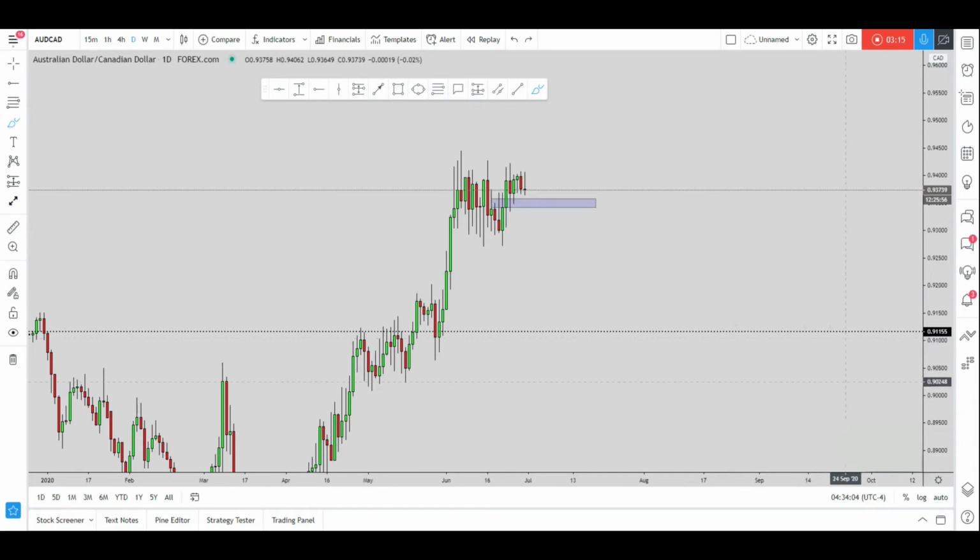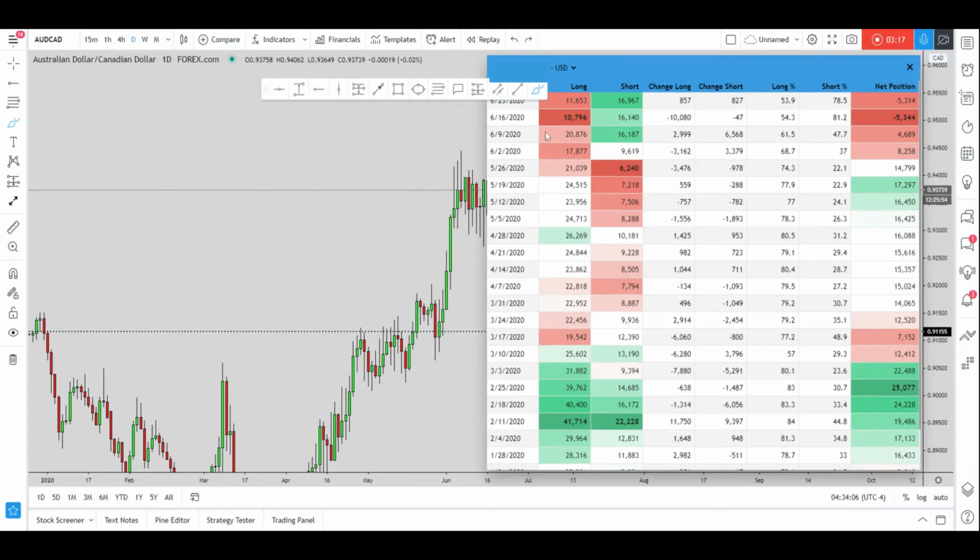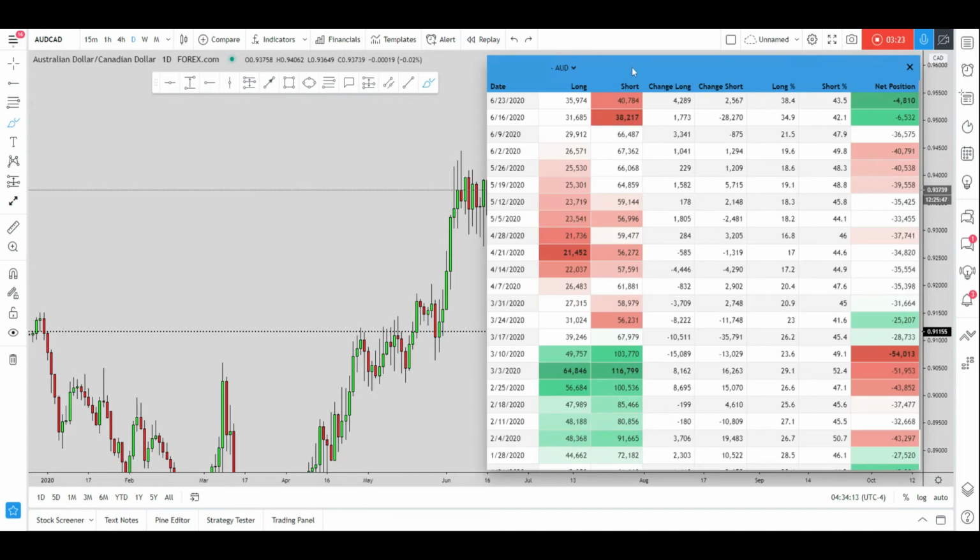So how are we supposed to be approaching a situation like this, and how we will be approaching this situation with students? Well, let's go and see first what we have from a COT perspective, so commitment of traders, what big banks and institutions are currently doing on the AUD and on the CAD. Now, from an AUD perspective, what we can see is that currently we're sitting with minus 4K net positions from the very high, very low actually, minus 54K net positions.